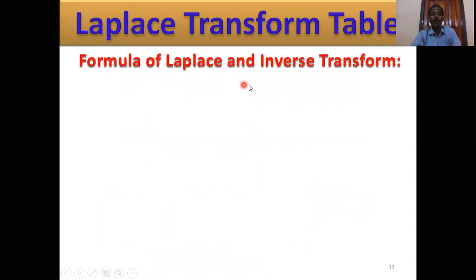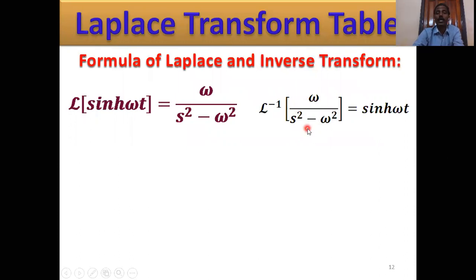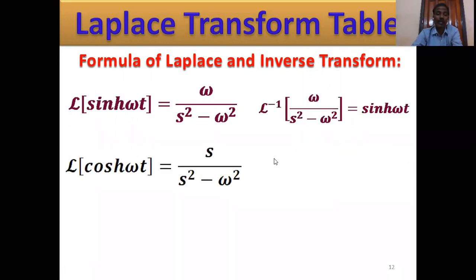So these are the formulas of Laplace transform and inverse Laplace transform. Another formula, sine hyperbolic omega t: Laplace transform of sinh omega t equals omega by s square plus omega square. Inverse Laplace of omega by s square plus omega square equals sinh omega t. This is frequency domain to time domain conversion.